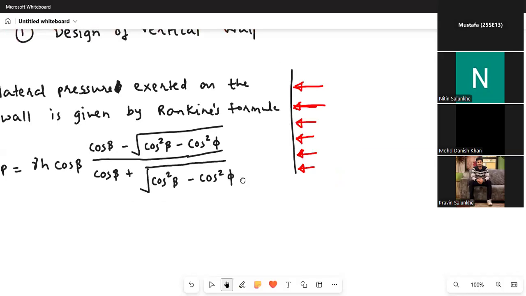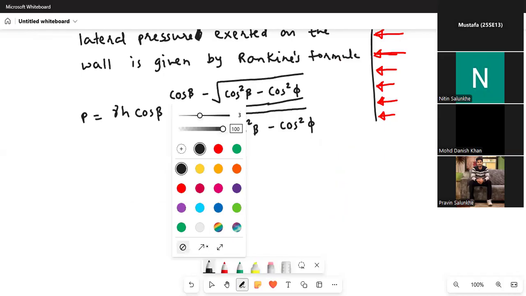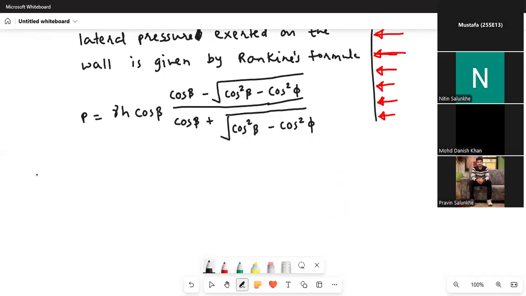Gamma is the density of the material stored, or you can call it the unit weight of the material stored. So there will be some material in the bunker, and that material will have some unit weight, and that unit weight is denoted by gamma. Okay?